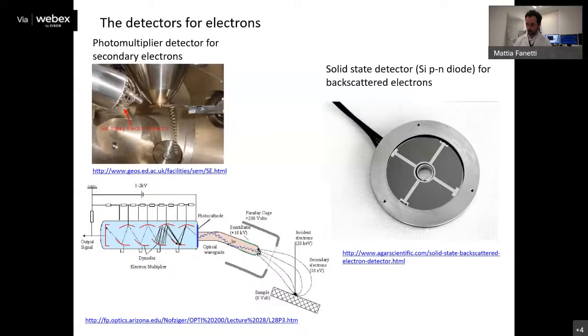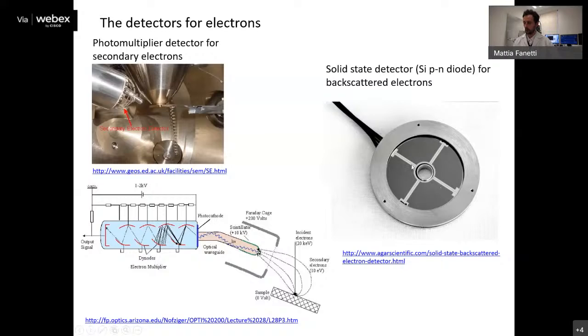Backscattered electrons have an energy of at least 100 eV, but can go up to several kilovolts. Okay, and they convert the intensity of the backscattered incident electrons into a current, and this current is proportional, let's say, to the intensity of backscattered emission.